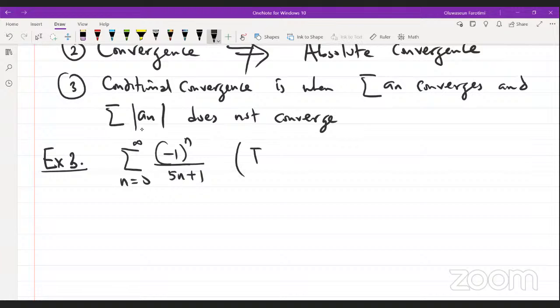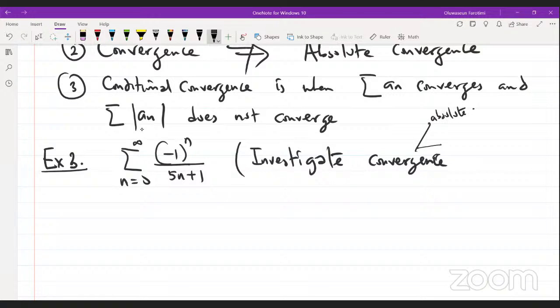Okay, so we want to investigate convergence. Now, if we talk about convergence, this could mean absolute or conditional convergence.